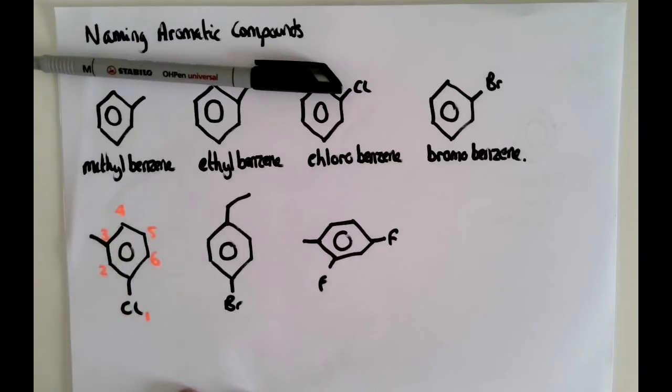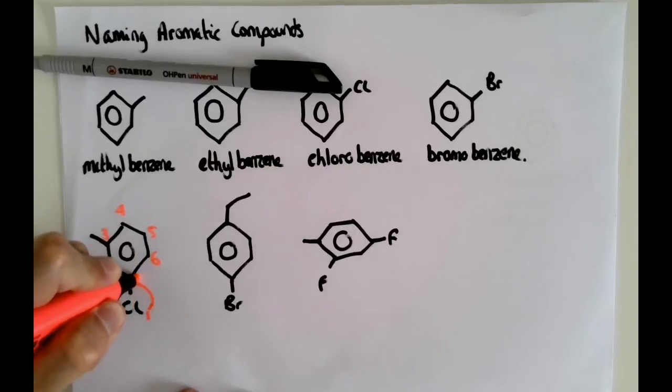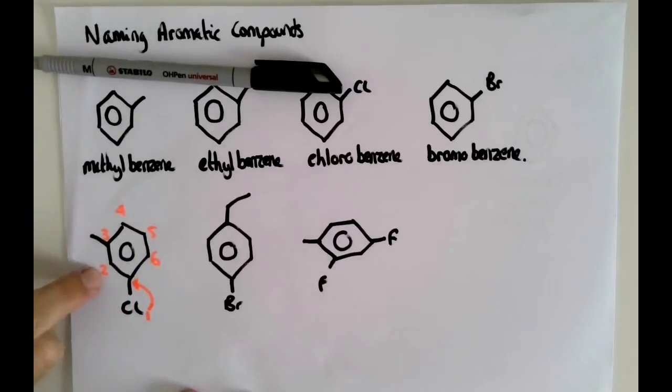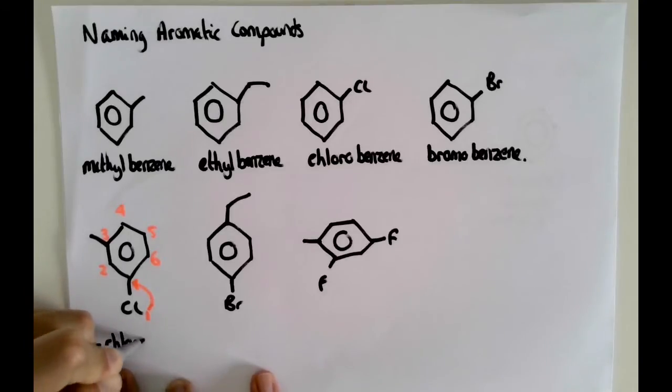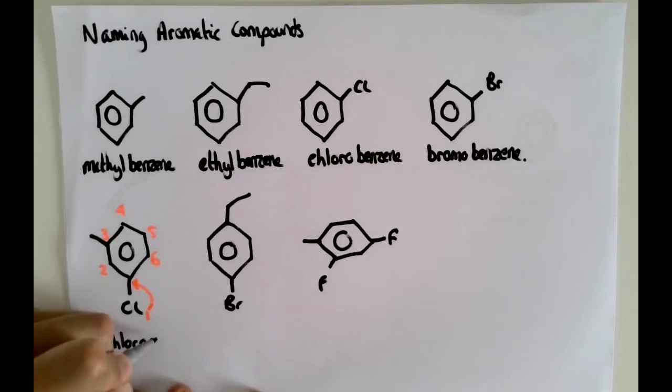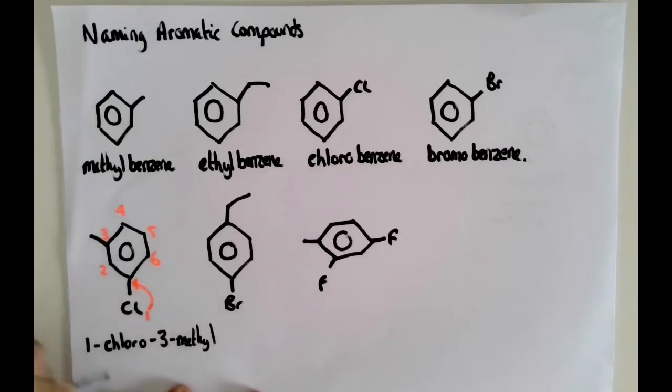So based off that, maybe if I move that little sign to here, so that's carbon number 1, and 2, 3, 4, 5, 6. This would be called 1-chloro, and then 3-methyl benzene.